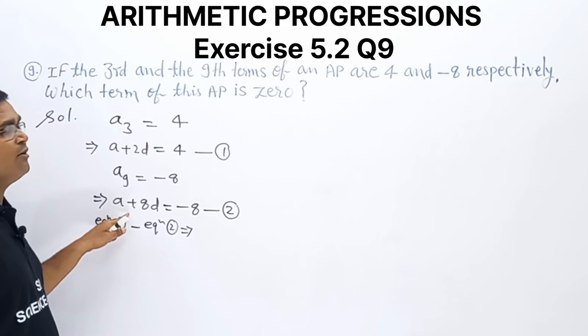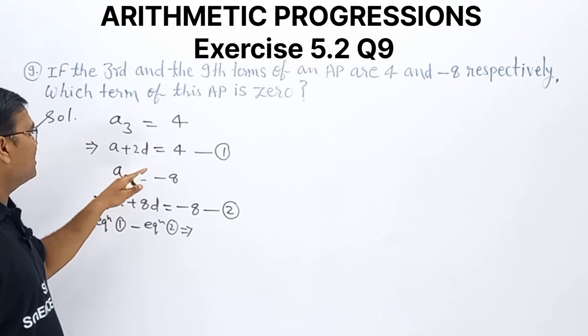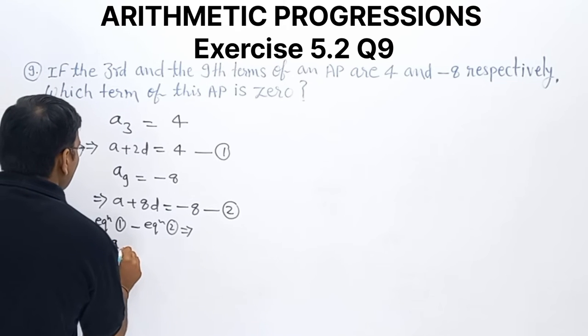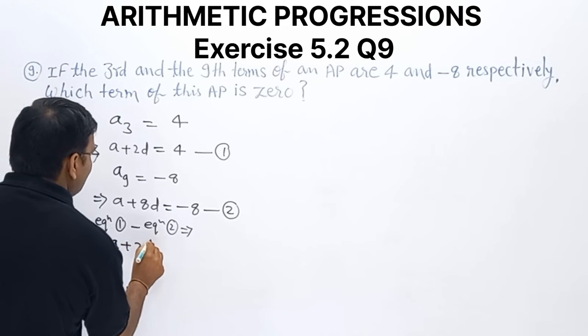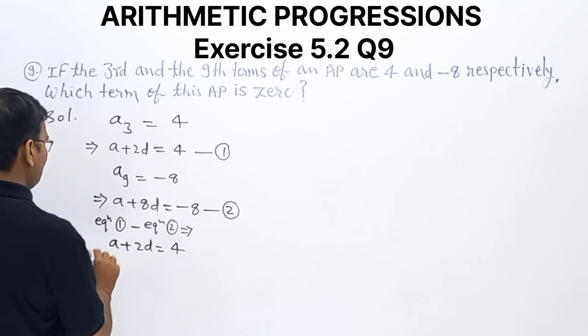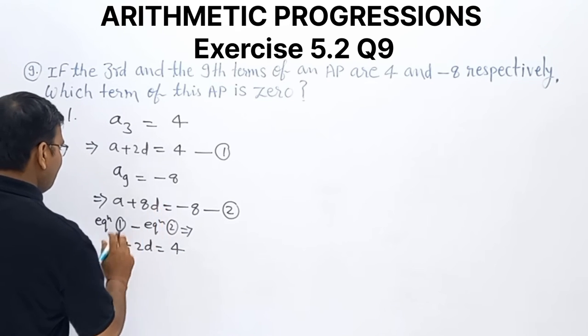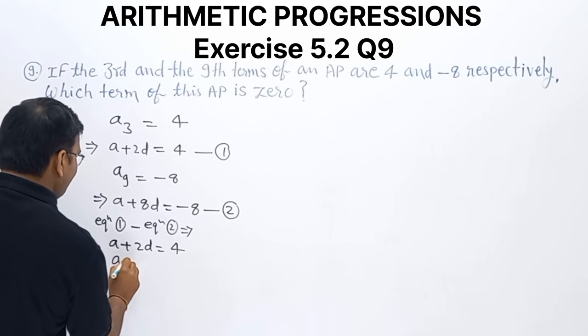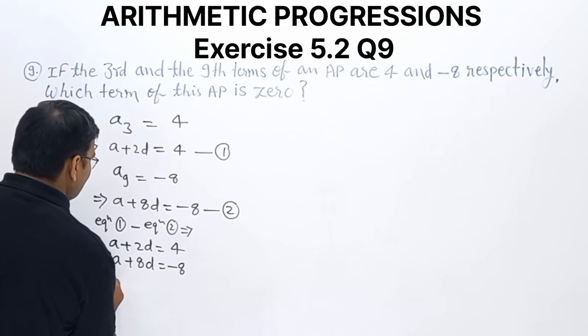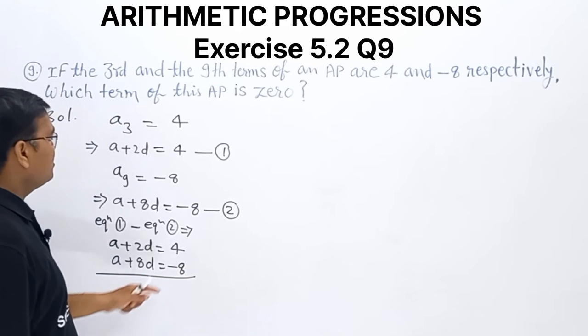I want to eliminate one variable, so I am subtracting the second one from the first one. I am writing equation 1, a plus 2d equal to 4, and below it equation 2 as it is, a plus 8d equal to minus 8.